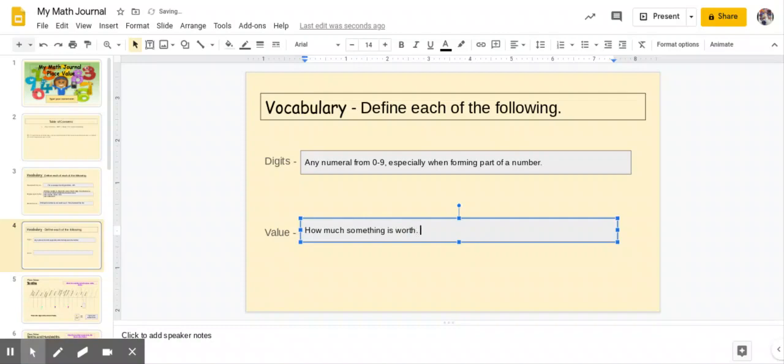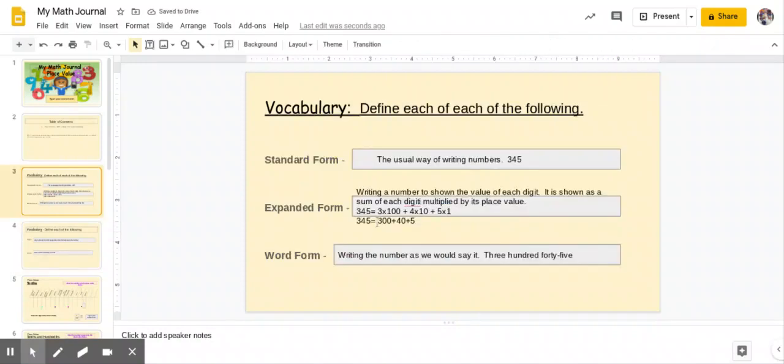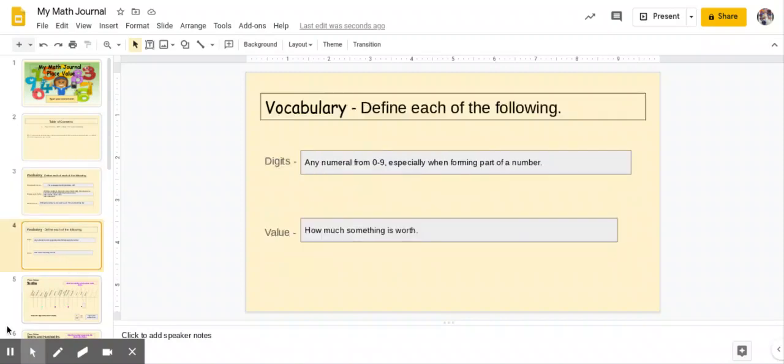So the numbers are just the numerals, the 0, 1, 2, 3, 4, 5, and then the value is that 100, 10, or 1,000.